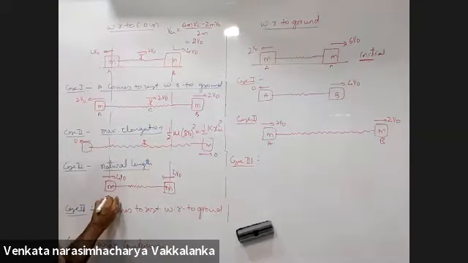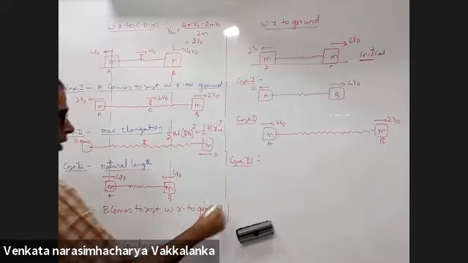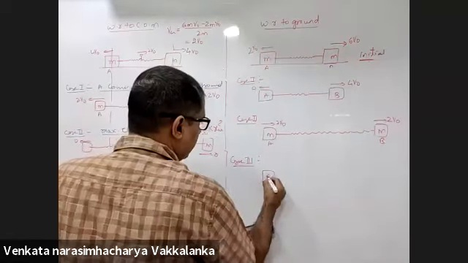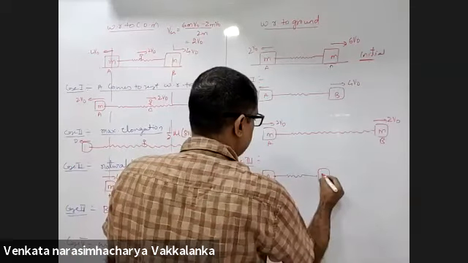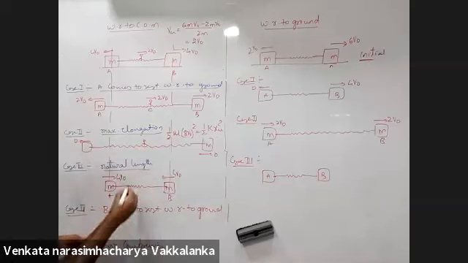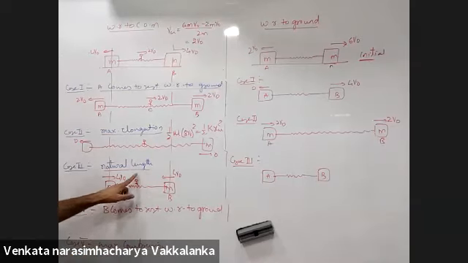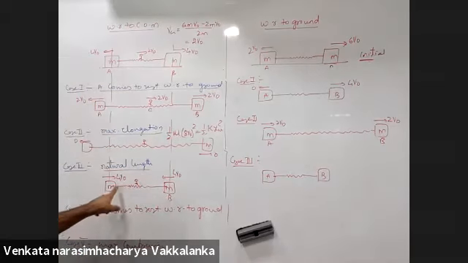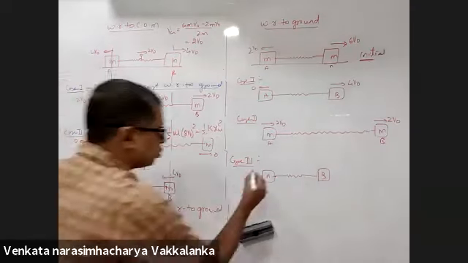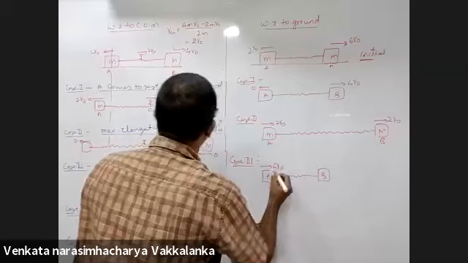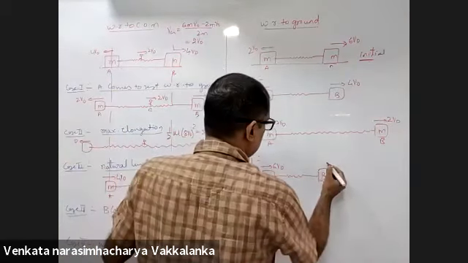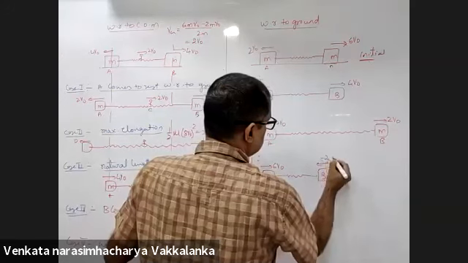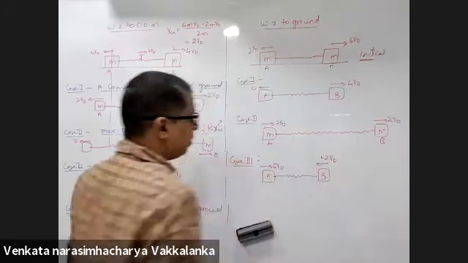What will be the velocities of A and B? Velocities of A and B at natural length will be velocity of this with respect to center of mass plus velocity of center of mass with respect to ground. 4v0 plus 2v0 will be 6v0. This is minus 4 plus 2, which is minus 2v0 in the backward direction.